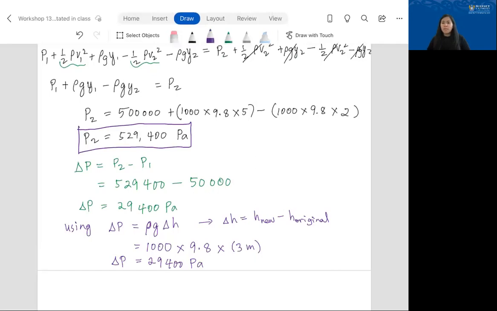Okay. Yeah, and that's why we said the first case of Bernoulli's equation, where the fluid is not flowing, when the fluid is static, is the same concept like we learned in lecture 12, where the pressure increases when you go deeper or when the depth increases.